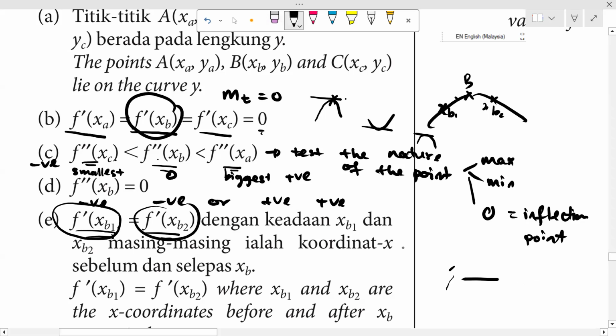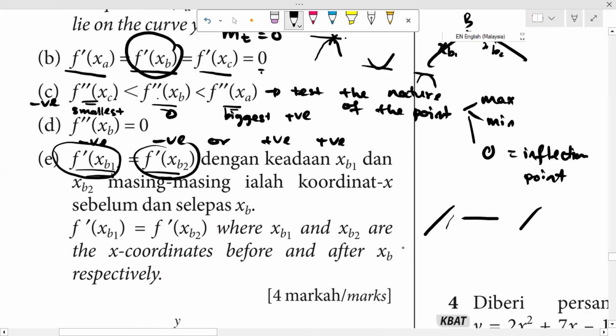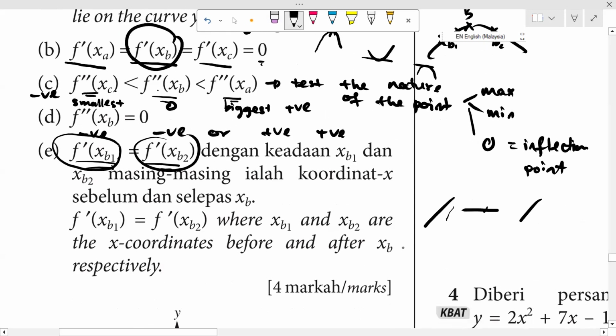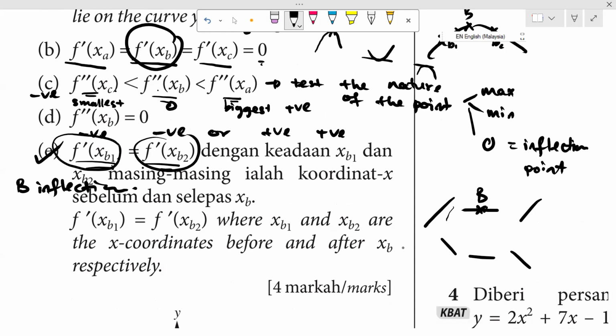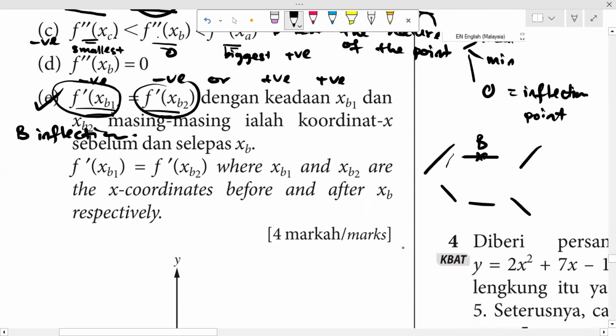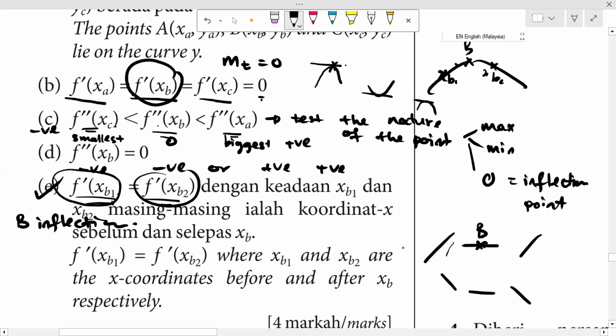So either both positive or both negative. This is point B. Then isn't it an inflection point? So confirm this one that it is an inflection point. B, inflection point. Okay? Now, therefore, we can sketch the graph.